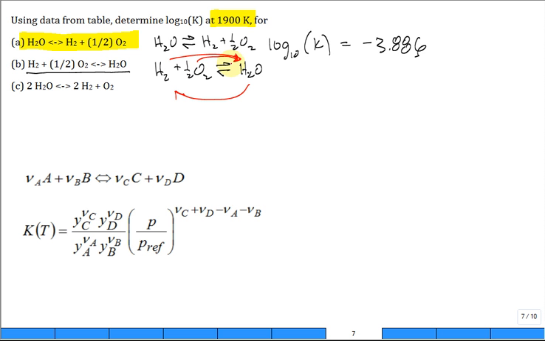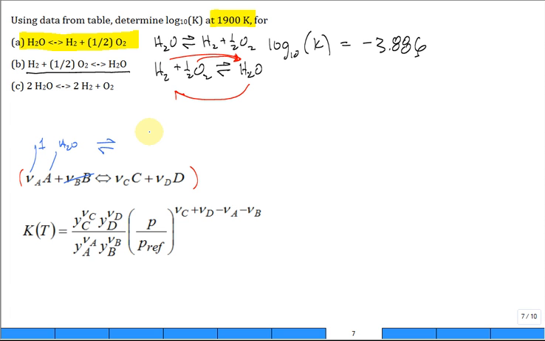True? Well, one thing you can do is take a look at our general reaction equation and just write it down for the first case. The first case was that this nu sub A was 1. This was H2O. This is all 0.